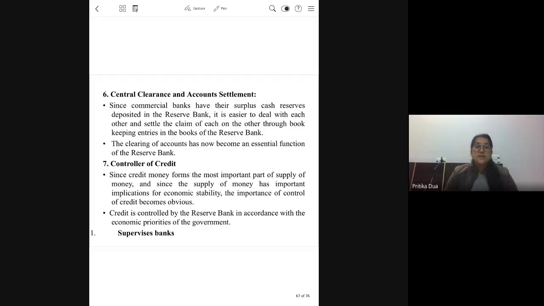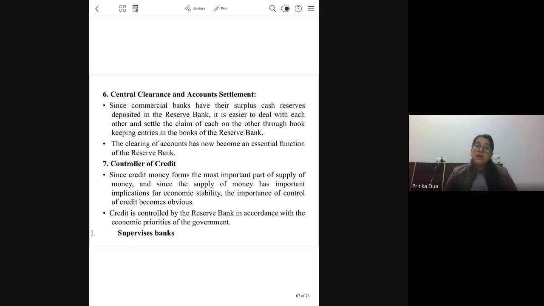Next is central clearance and accounts settlement. So all the clearance system of the banking institutions is moving through the RBI.